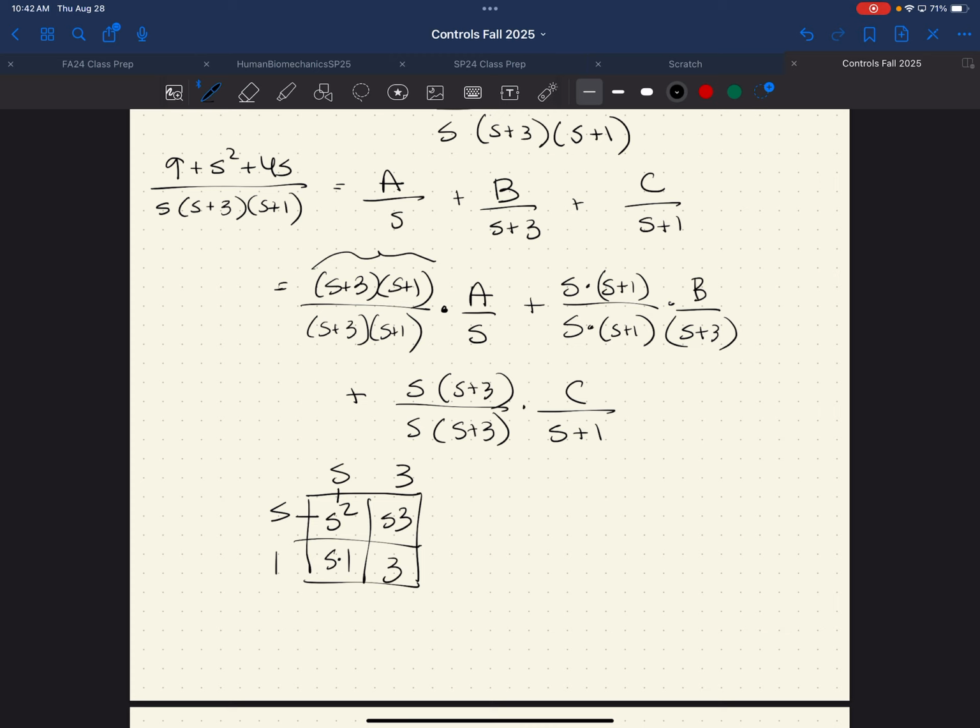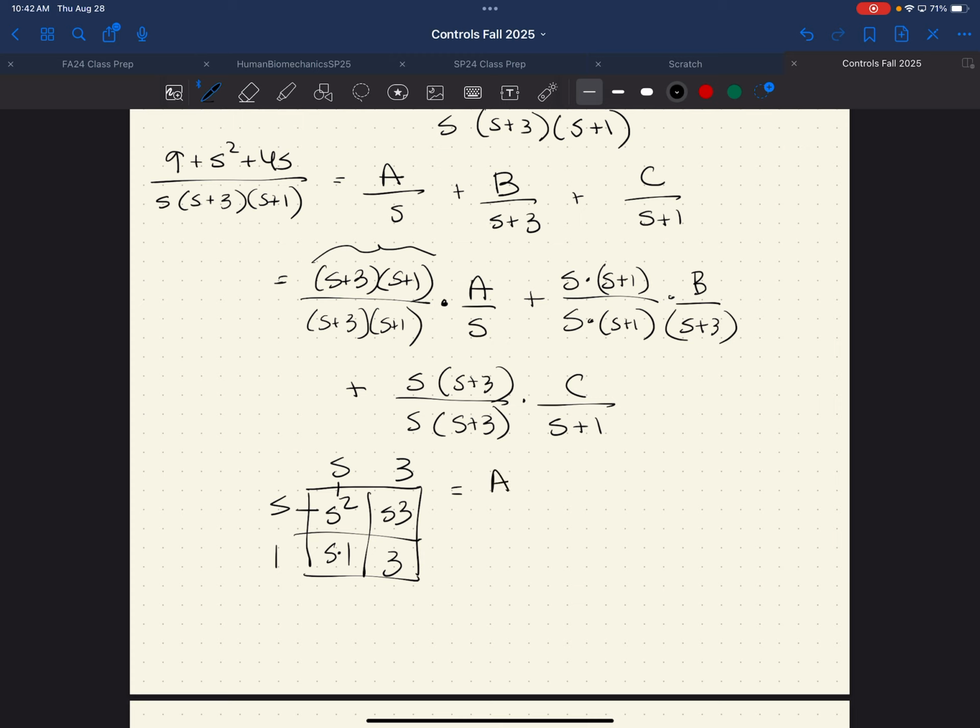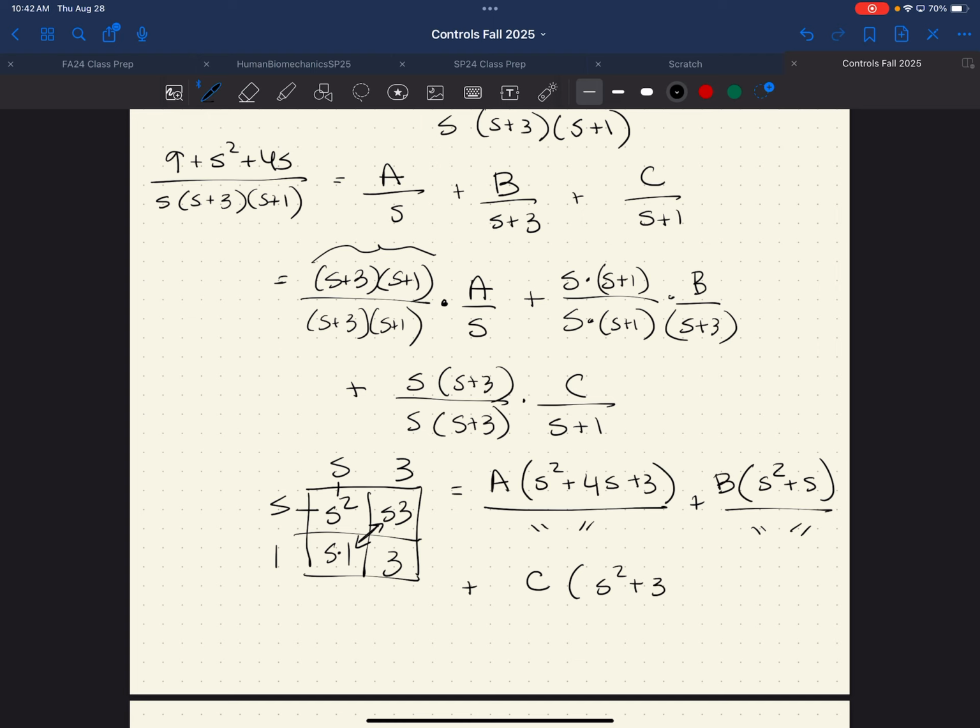So that should come out to a times (s squared plus 4s plus 3), adding these 2 things up. I'm not going to write out the denominators because they stay the same. And then the rest is just moving that s into the parentheses. So it's plus b times (s squared plus s) plus c times (s squared plus 3s).